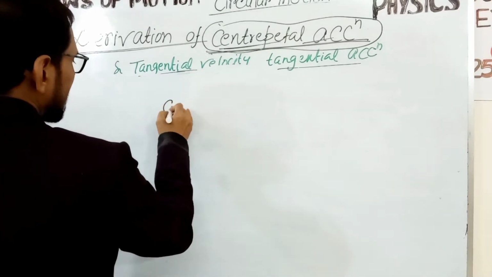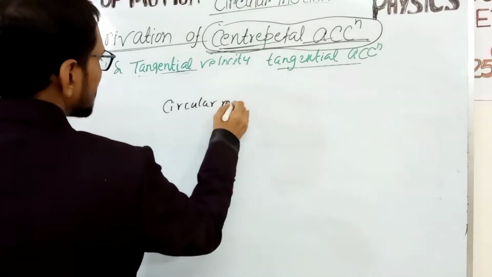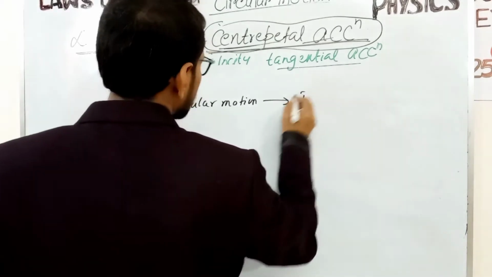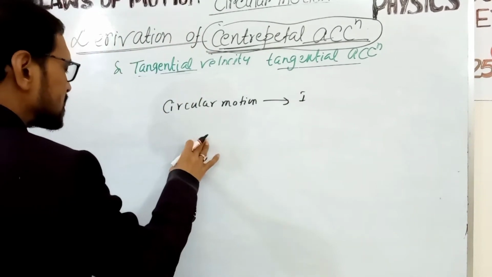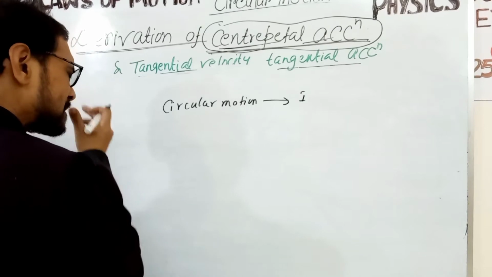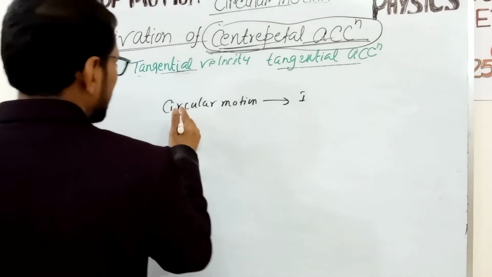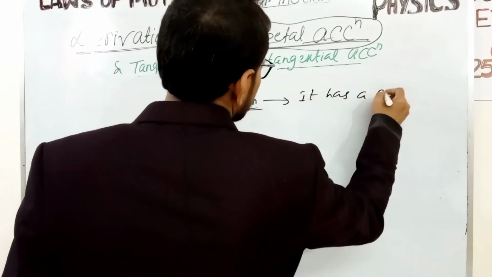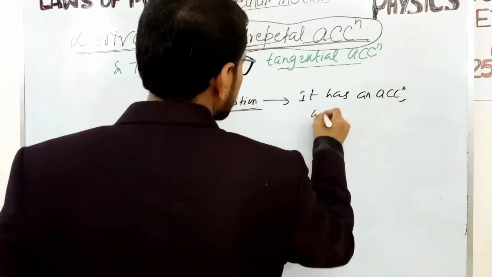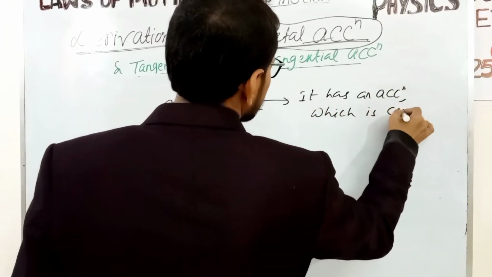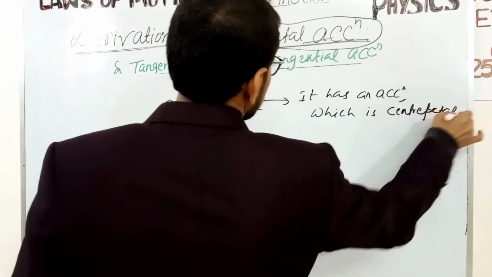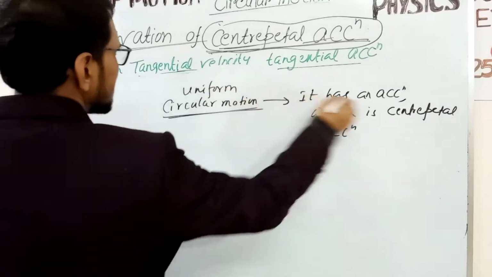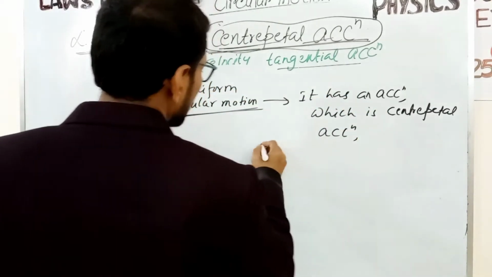Circular motion means it has an acceleration. In circular motion, the body rotates with uniform angular velocity or maybe non-uniform velocity. If the body rotates with uniform angular velocity, then it has an acceleration, which is centripetal acceleration. So uniform circular motion means it has an acceleration which is centripetal acceleration, no tangential acceleration.